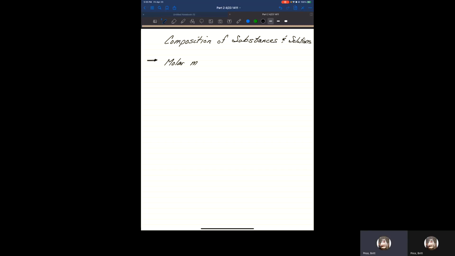Again, our molar mass. Mass of 1 mole of a substance.